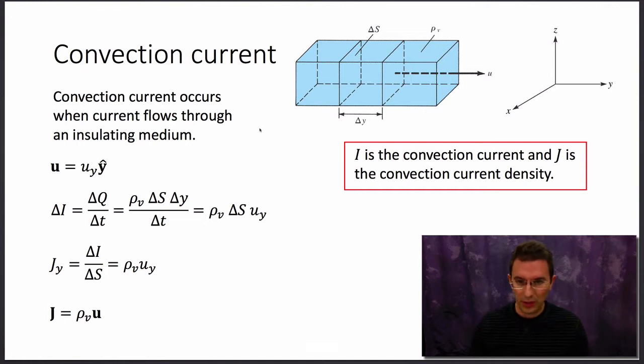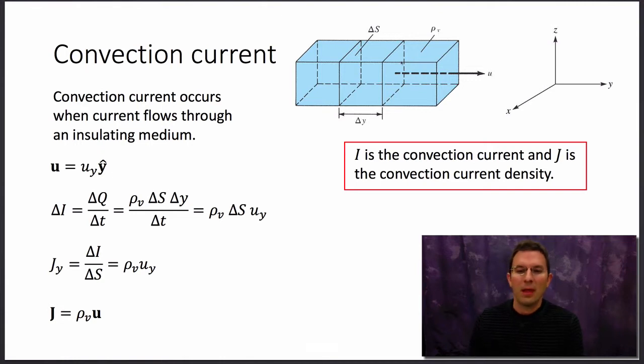Let's look at this small region here. We've got a little volume of space, and this cross-sectional area we're going to call delta S, and this length we're going to call delta Y. We're going to say that there's a volume charge density in this region, rho sub v.